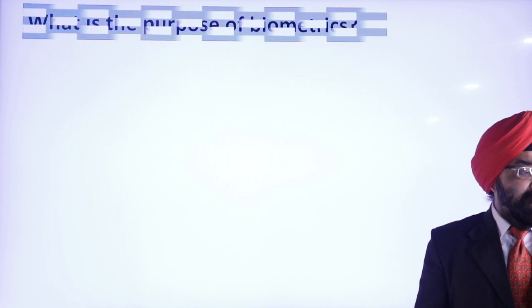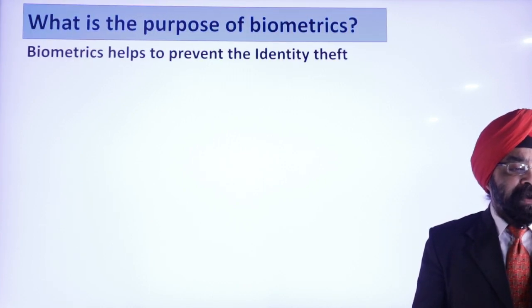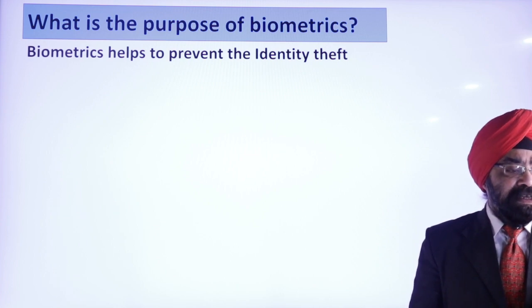Because you can physically make your face similar to somebody else's, but you cannot change the fingerprints. The fingerprints of even identical twins are different. So fingerprints are important to establish your identity, and the same is the case with the photographs, the photo scans. So the purpose of biometrics is to prevent identity theft.